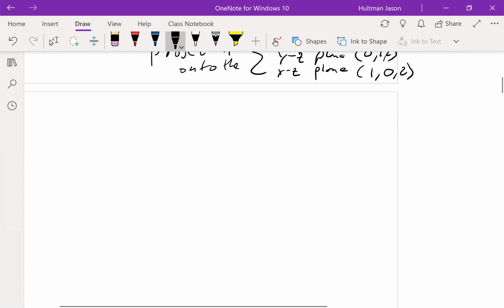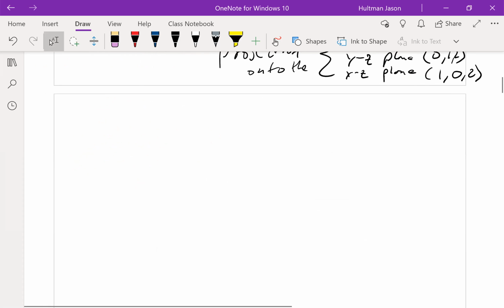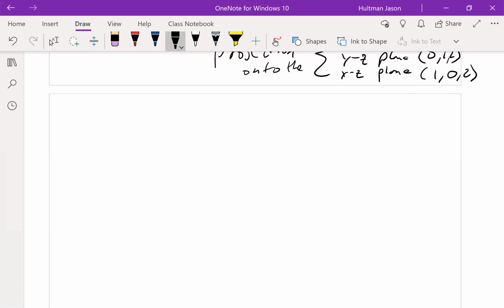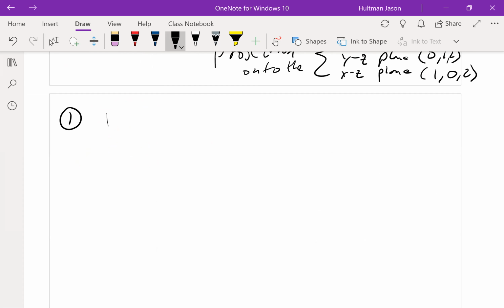Enough about that. If I go too fast, please let me know so I can slow down. Okay, number 1. What surfaces in the real number system cubed, that's R3, are represented by Z equals 3 and Y equals 5?